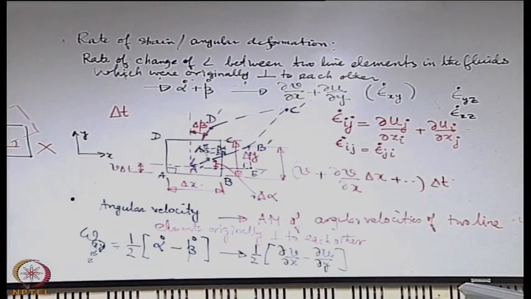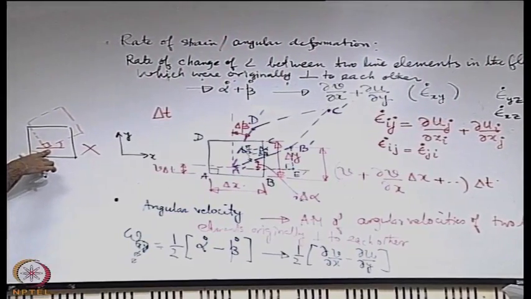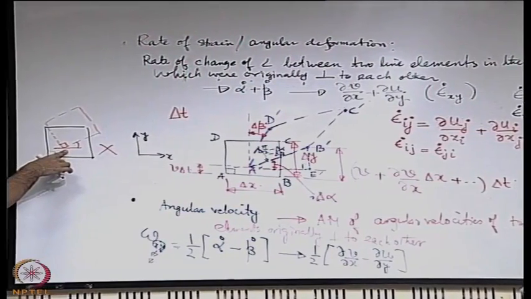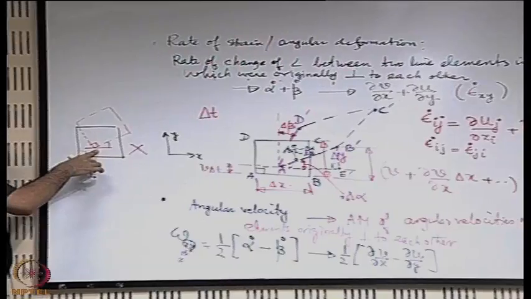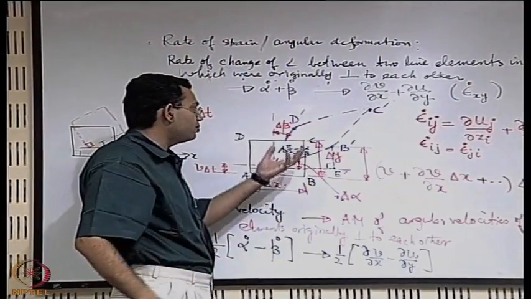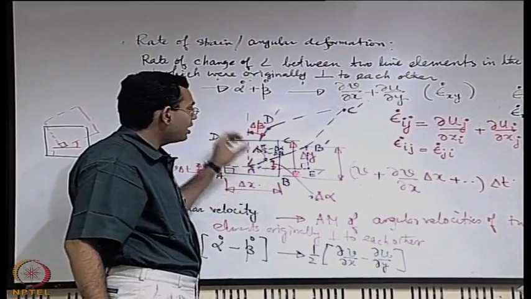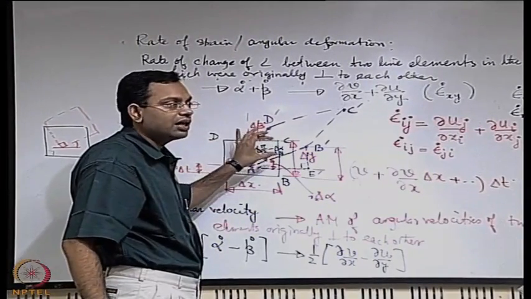Consider the special case when alpha dot is equal to minus beta dot. That is the case which is represented in this figure, because when alpha dot is equal to minus beta dot, even in terms of the total deformation, delta alpha is equal to minus delta beta, and then delta alpha plus delta beta becomes 0.